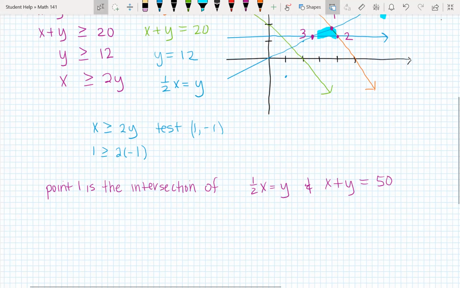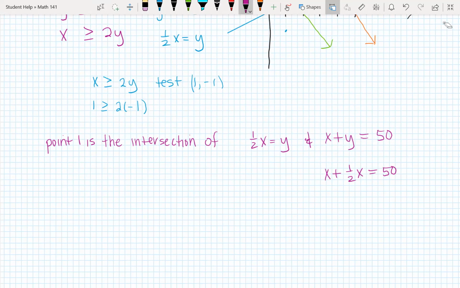So I'm going to do a substitution here. I'm going to write x plus 1/2 x equals 50. I just took this equation and substituted it into the other one. And so then I have 3/2 x is equal to 50, or x is equal to 100 over 3.